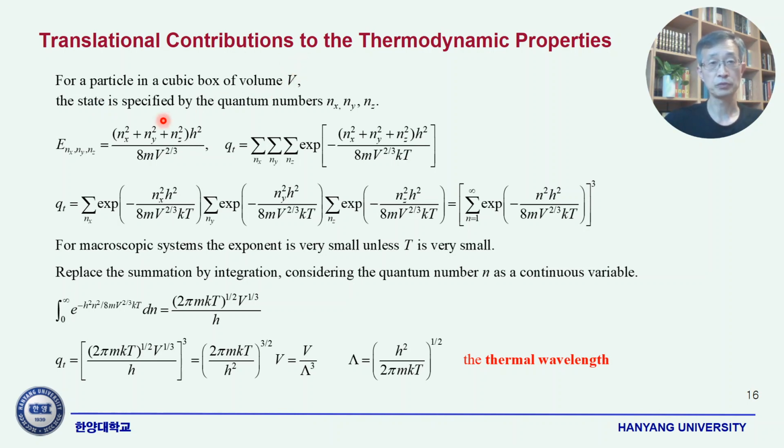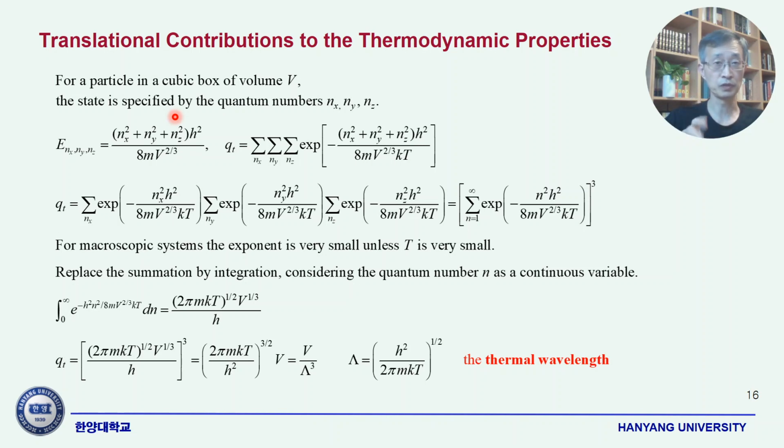Right? That's the way we are going to handle this. You remember the particle in a box problem, okay? The box is a cubic box, and the volume is V. Then there are 3 degrees of freedom, or 3 dimensions.